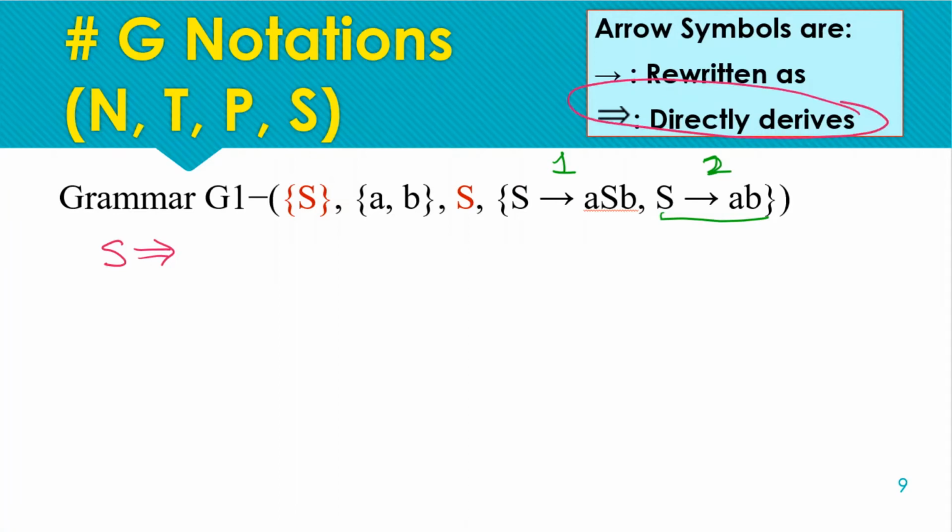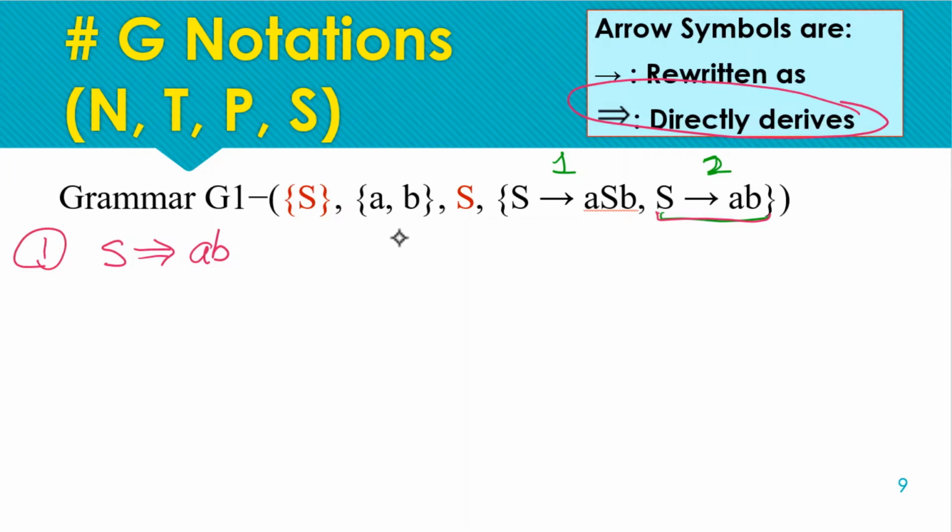I think you all know these things. So firstly we are trying to derive the minimum string. The minimum string that can be derived from this language is AB, as we have this direct production rule.